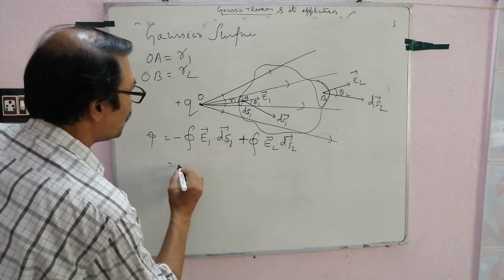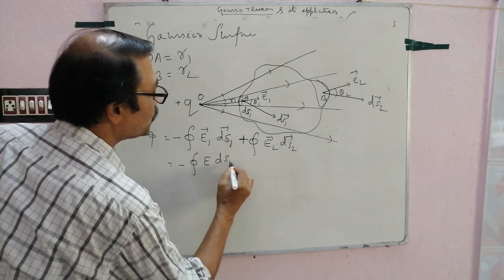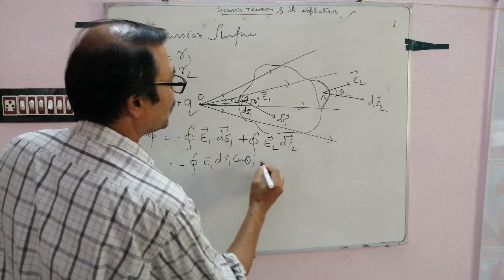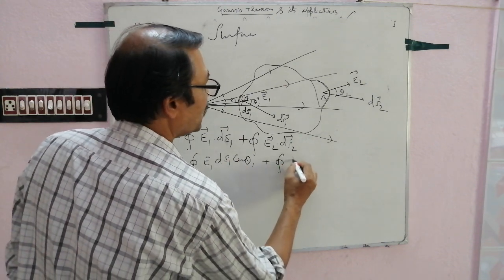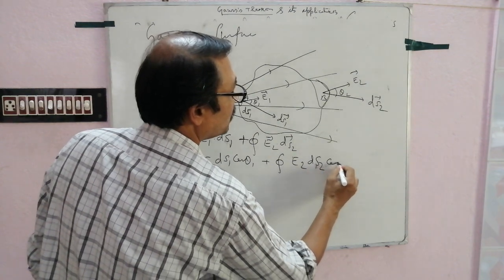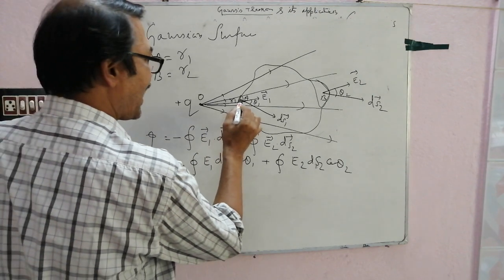Follow. E1 ds1 cos theta 1 plus E2 ds2 cos theta 2. What is the value of E1 at point A?